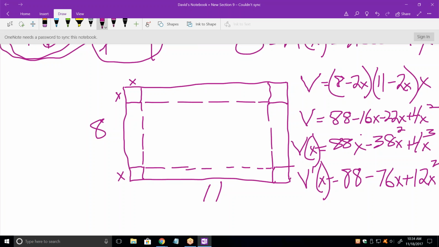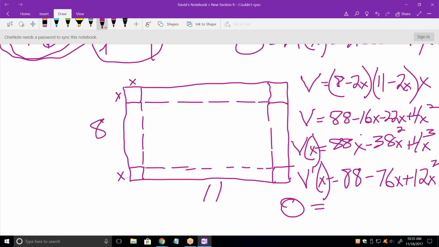Now, notice that our first derivative function is a quadratic, which means I'm going to find two places where it's equal to 0. In other words, if I set the first derivative equal to 0, that's going to produce two solutions. Notice that if x is 0, I am going to produce a minimum volume, right?